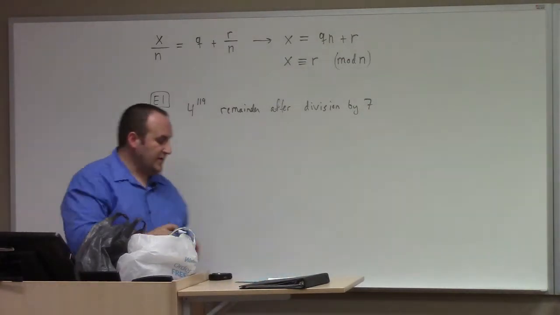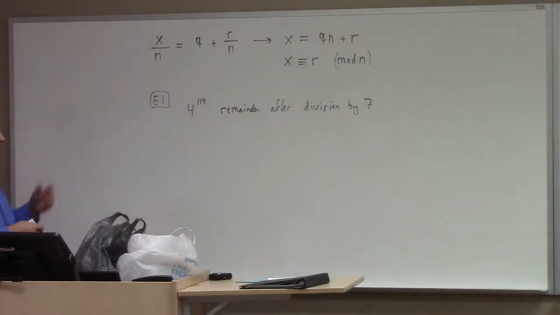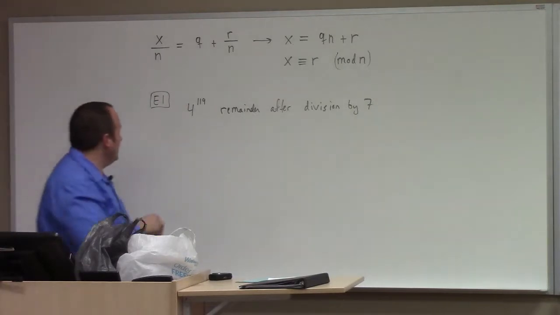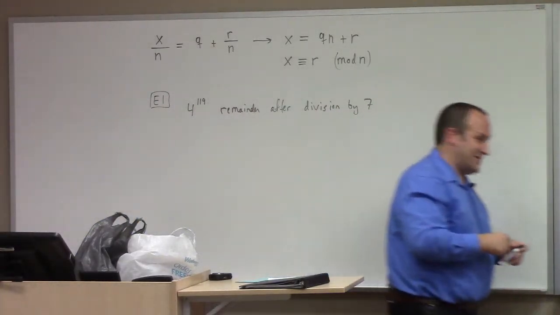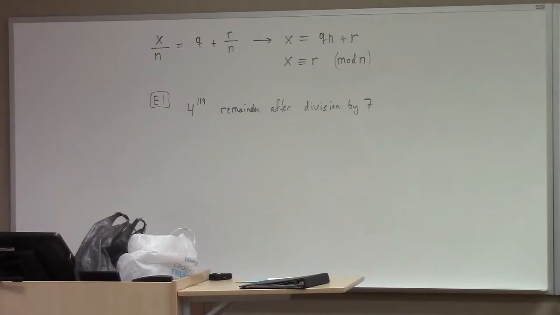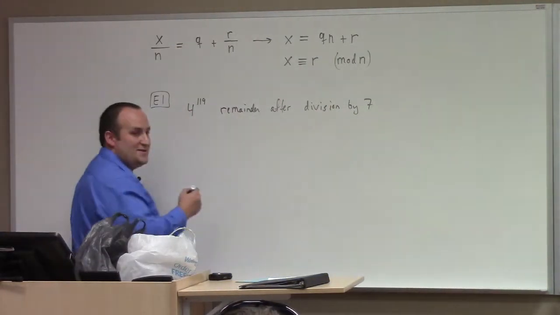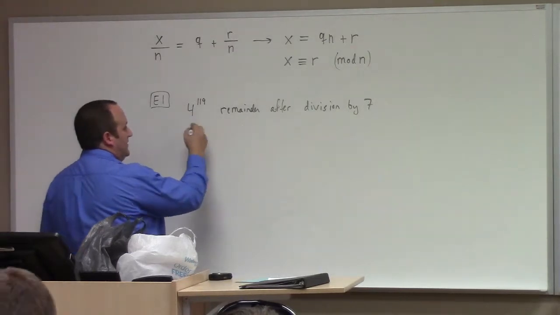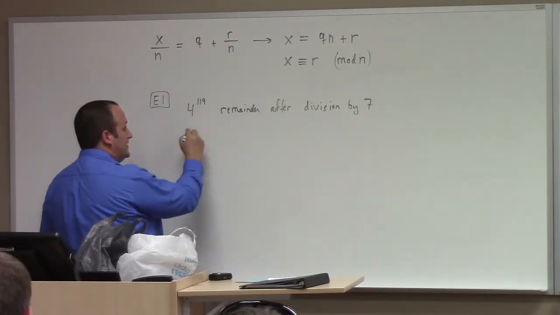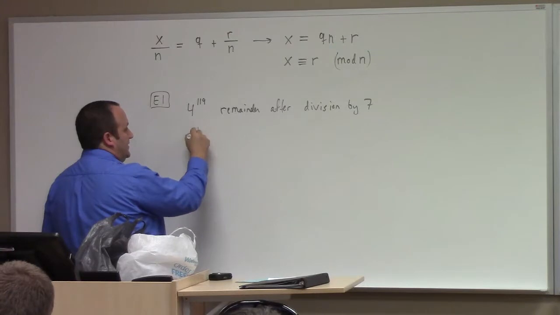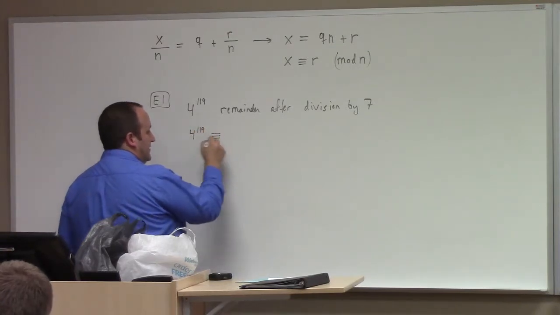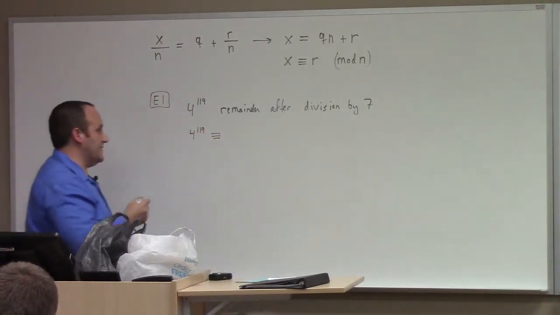You can try putting 4 to the 119 in your calculator, but you're going to need a really big screen, right? So what you want to do is to instead think of it in terms of congruence, right? If we can say 4 to the 119th power is congruent to something, then we'll be in business, right?